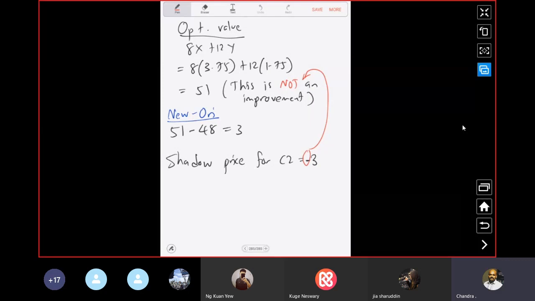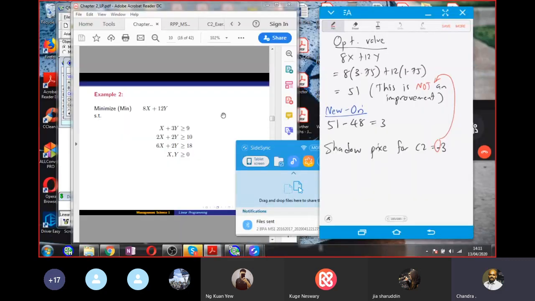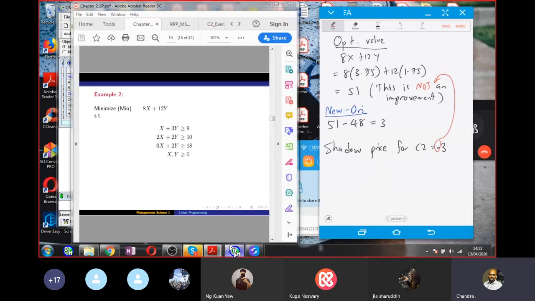Now let us check whether what we have done is right or wrong. Go back to the QM software.